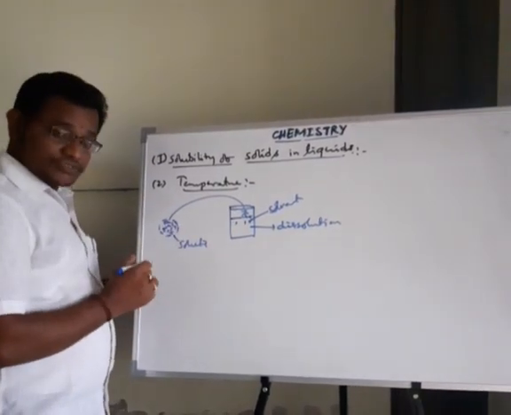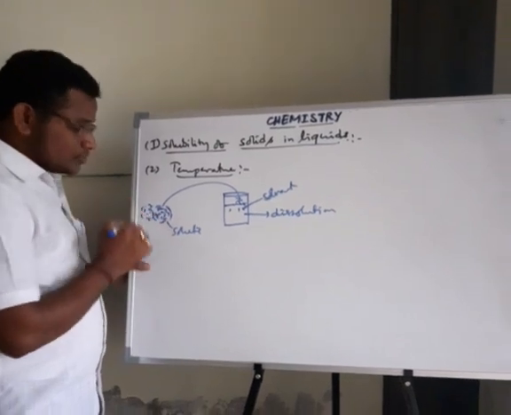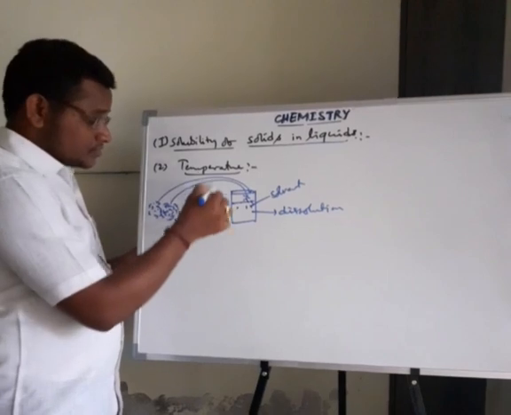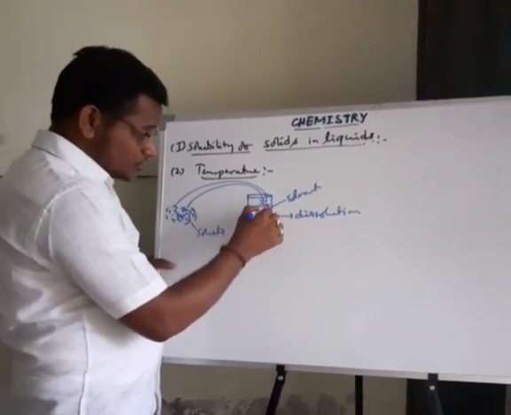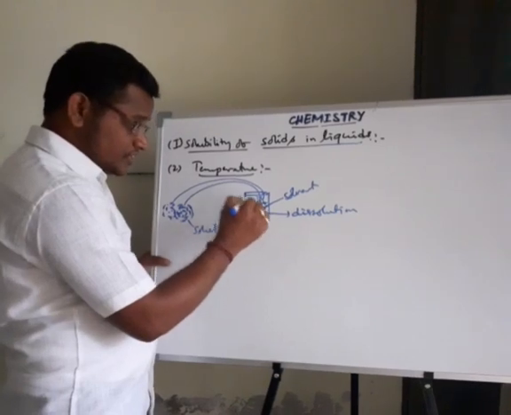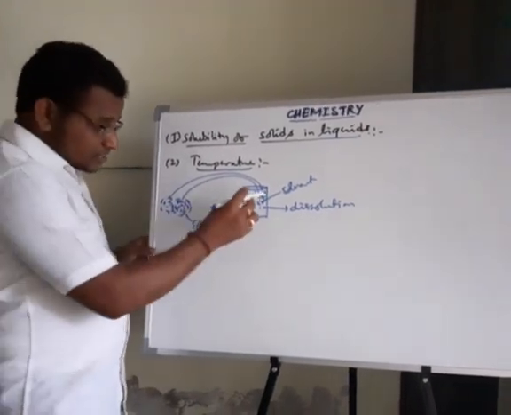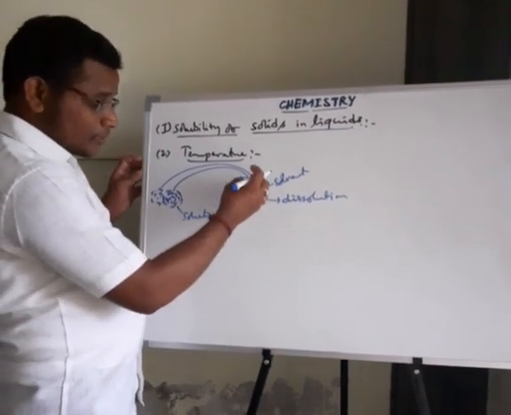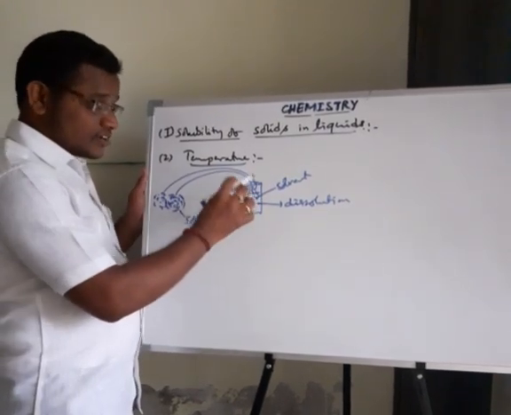To this saturated solution, I am adding an extra amount of solute particles. When we add the extra amount of solute particles to this solvent, some of them also dissolve in the liquid. After a certain time, some of the extra solute particles are dissolved, but some are not dissolved.